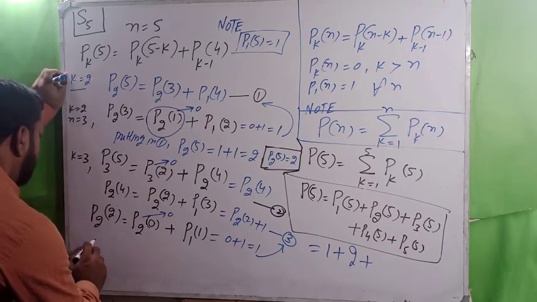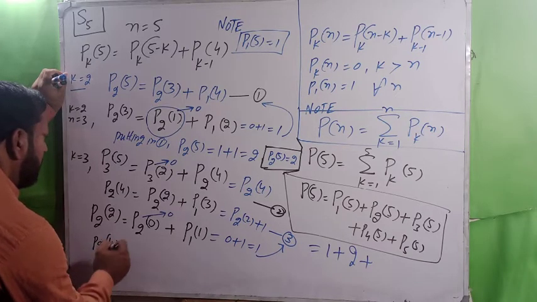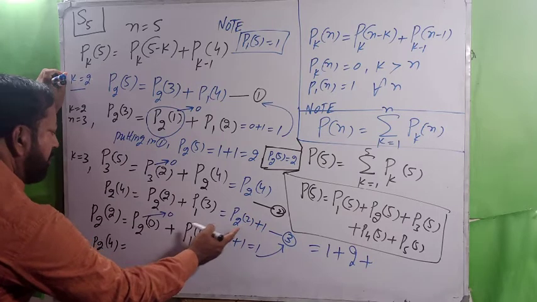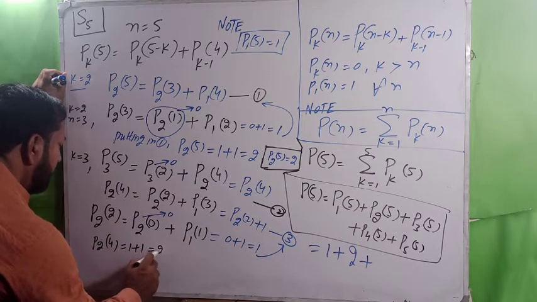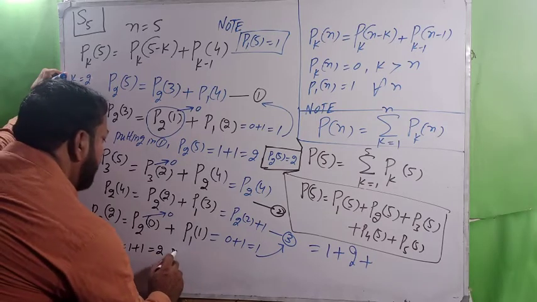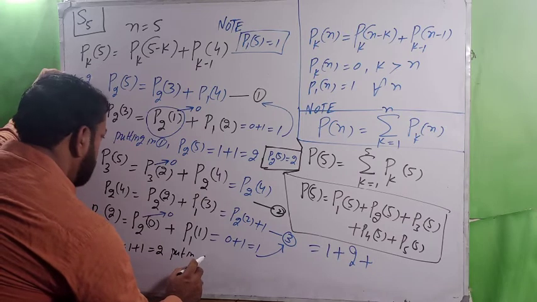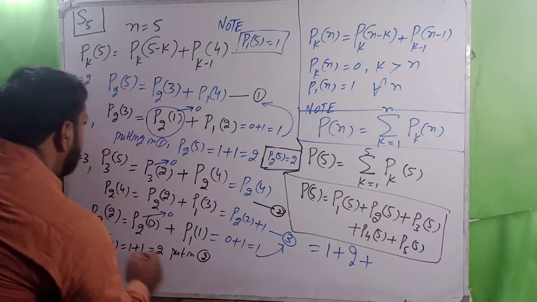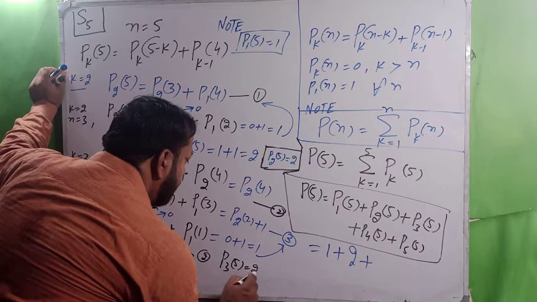Put in the previous equation. P2,4 is equal to P2,2, which is 1, plus 1, which is equal to 2. So P3,5 is equal to 2.